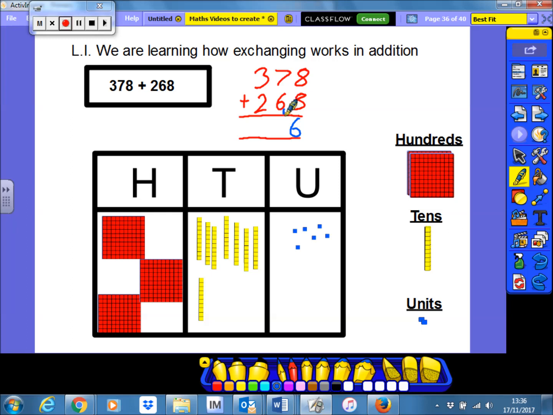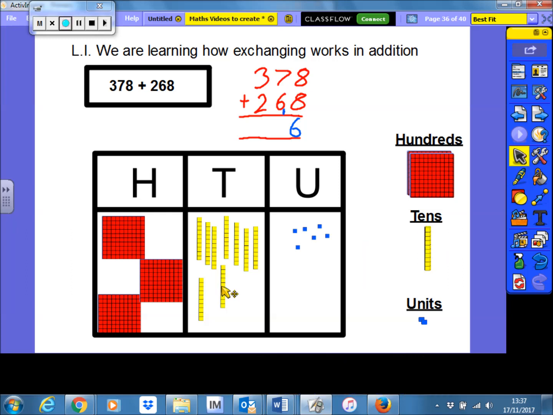And on the formal calculation, I mark that on inside the tens column. So I now have 7 tens up here, and an extra 10 down here. Now I need to add on my 6 other 10s. So I'll do that quickly. 1, 2, 3, 4, 5, 6.